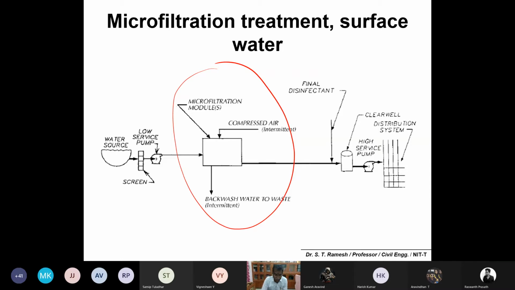Now you can compare the traditional surface water treatment with advanced treatment techniques. It's very simple with a much smaller footprint. I am able to manage water treatment, with even better quality than your normal treatment systems. So this is one example where you can plan microfiltration systems.